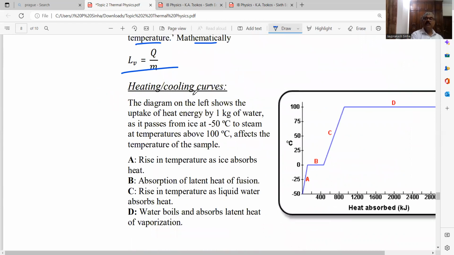Now, heating and cooling curves. This is a very good example.